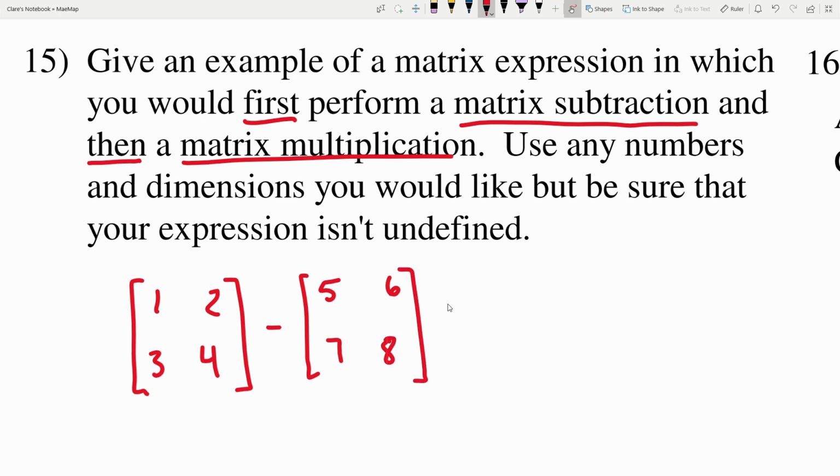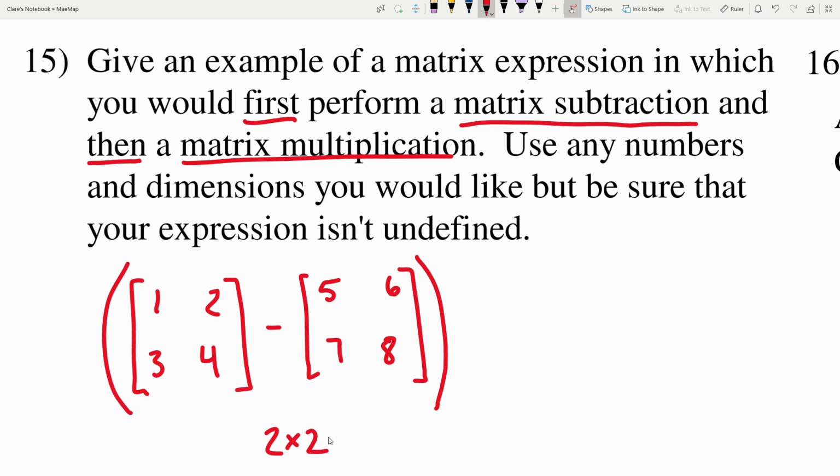Now because matrix subtraction needs to be performed first, I will put this in parentheses. And now remember, a 2 by 2 minus a 2 by 2 results in the same size matrix, a 2 by 2. So now, what does my other matrix have to be in order to multiply?